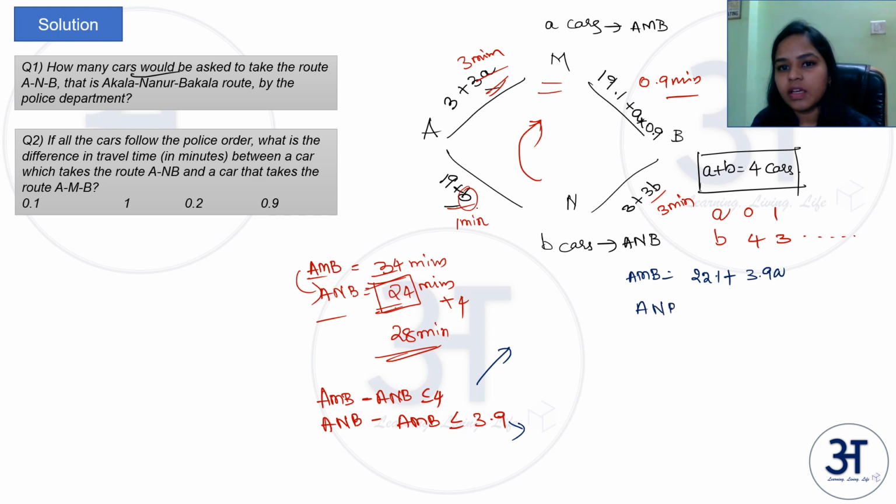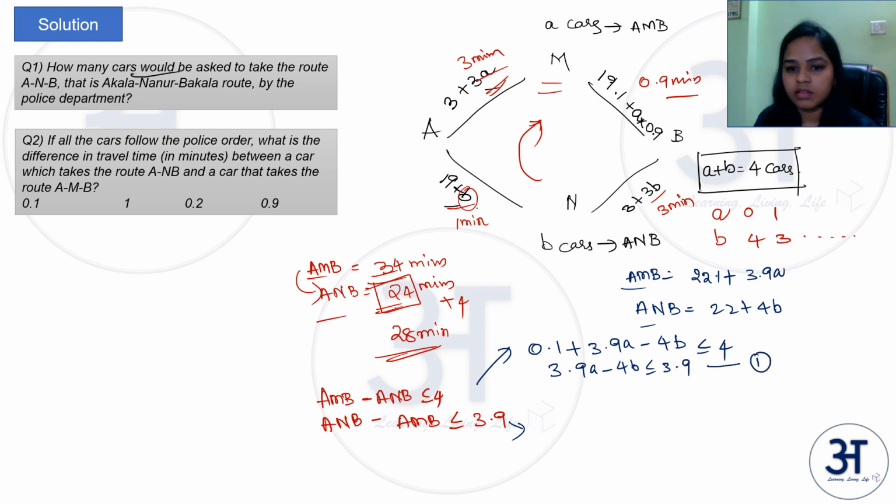ANB we have as 22 plus 4b. So AMB minus ANB will be 0.1 plus 3.9a minus 4b, less than or equal to 4, right? So we will have 3.9a minus 4b less than or equal to 3.9. So this is one inequation.